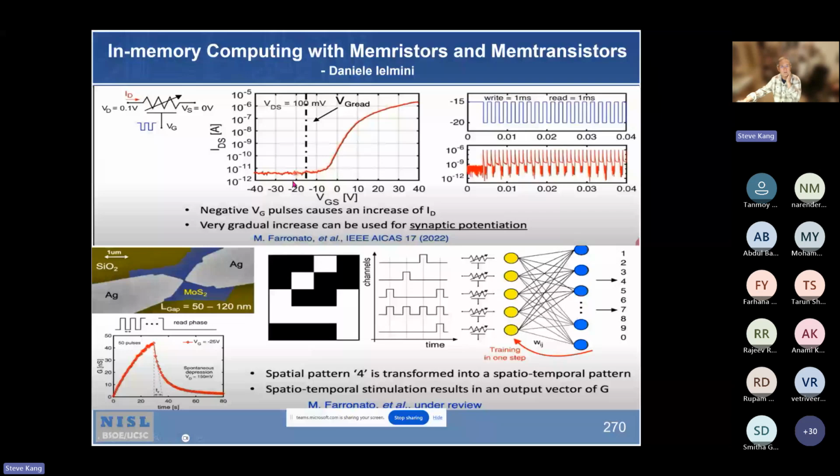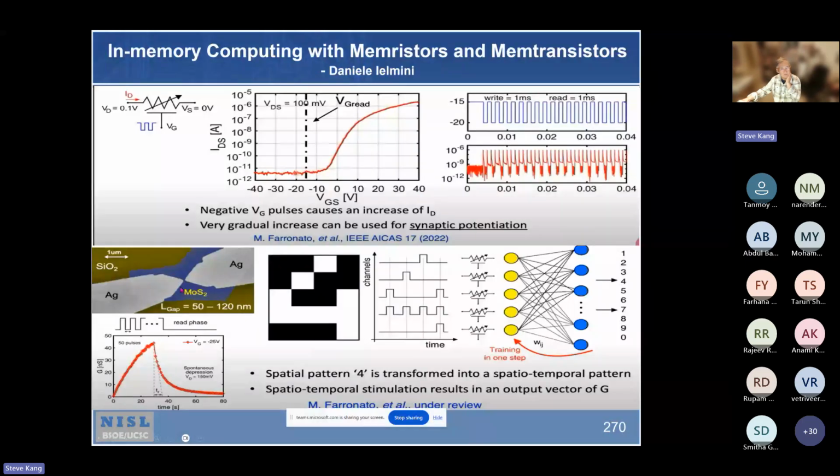So in principle it's good, but in terms of practical use, still far away, right? It's very, very high. And then here, he's doing operation between minus 20 and minus 15 volt, and so on. And this is the corresponding current.